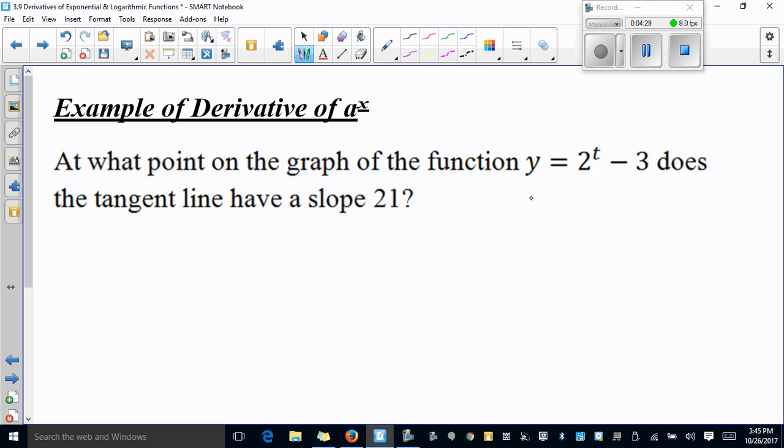So I have a is 2, and u is t, so u prime is 1. And then our derivative becomes u prime times a to the u times the natural log of a.